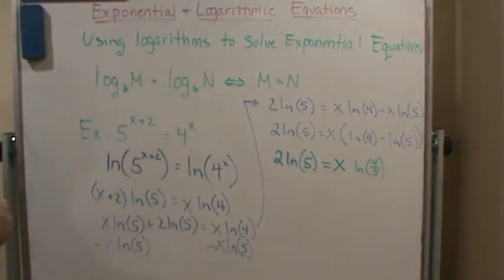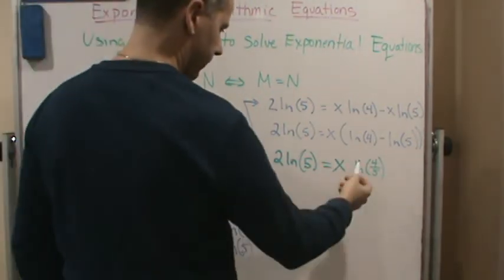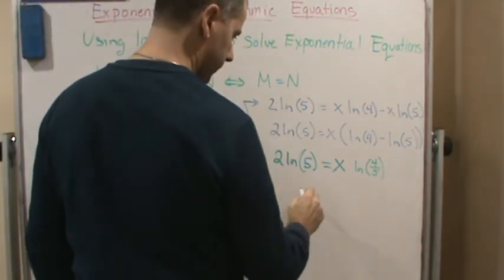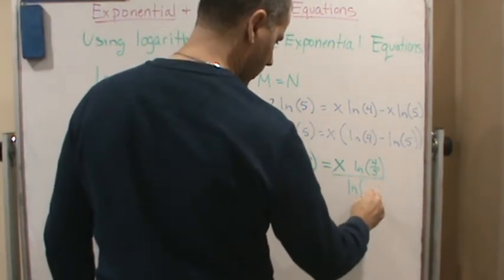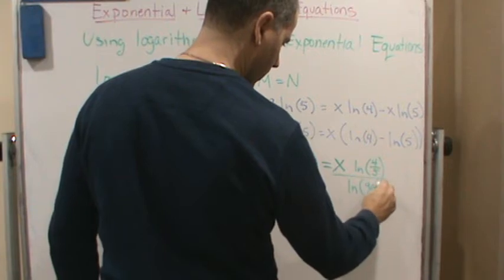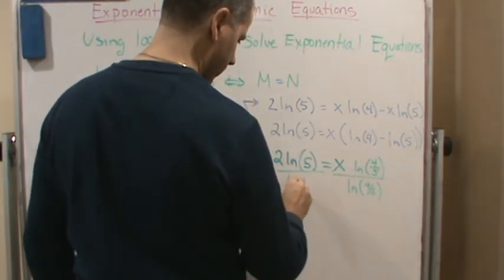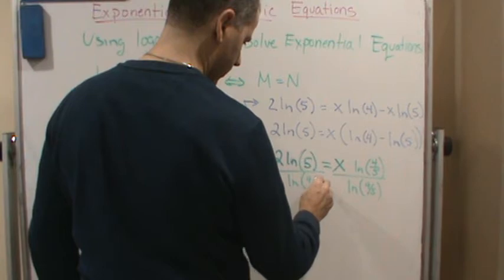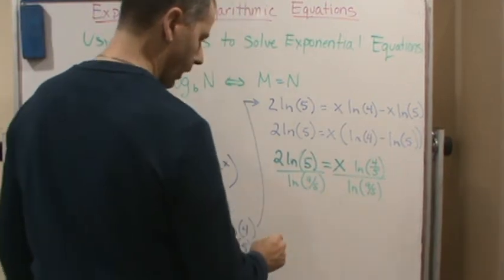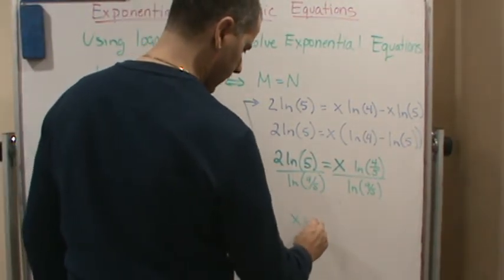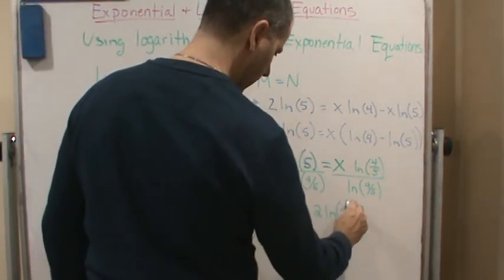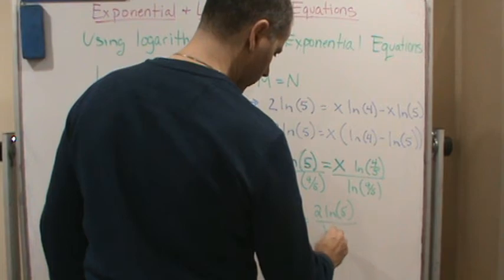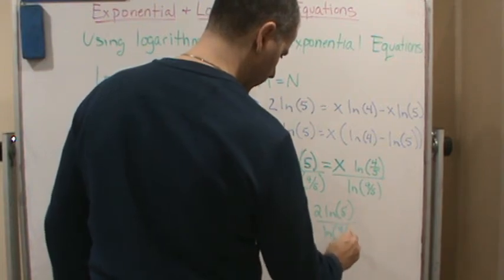Right? And so now what I can do is I can divide both sides by that. And so I get x equals 2 natural log of 5 over the natural log of 4/5.